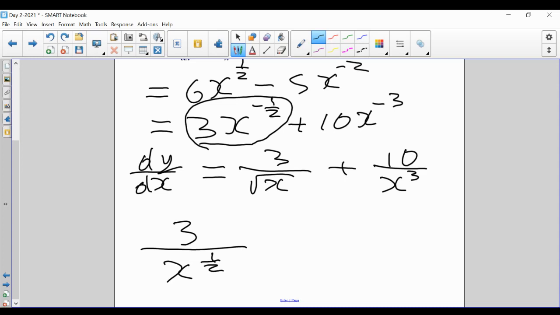So when I change the sign, I also change whether it's a numerator or a denominator. And the same thing happens with the x to the minus 3. Instead of saying x to the minus 3, I put 10 over x to the power of positive 3. So that's where the second part came from. But the x to the half, of course, means the same thing as the square root of x. So hopefully that's okay. I'll just put this again. So 10 over x to the power of 3.